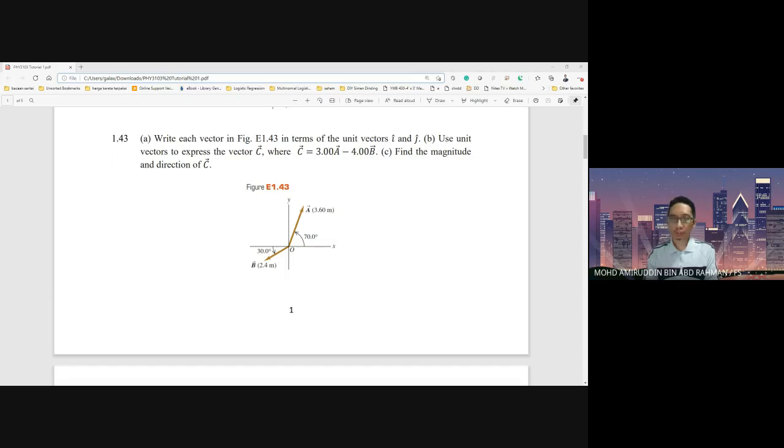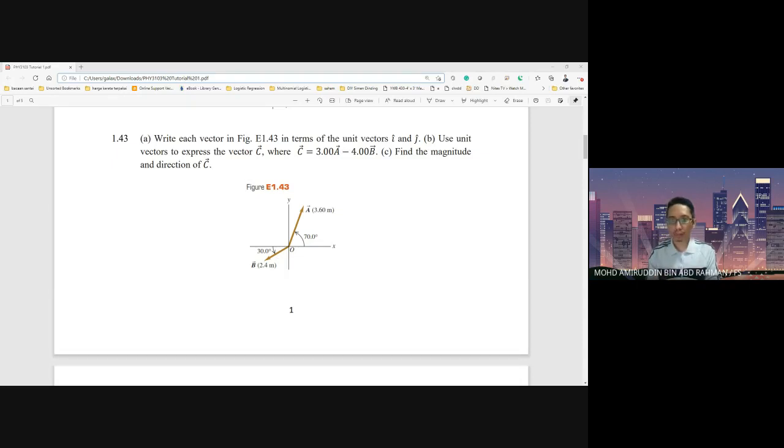To find the magnitude, because it's i in the x direction and j in the y direction, you square them and then find the square root, so you get the magnitude of C. C equals the square root of 12.01 squared plus 14.94 squared. So the magnitude will be 19.17.